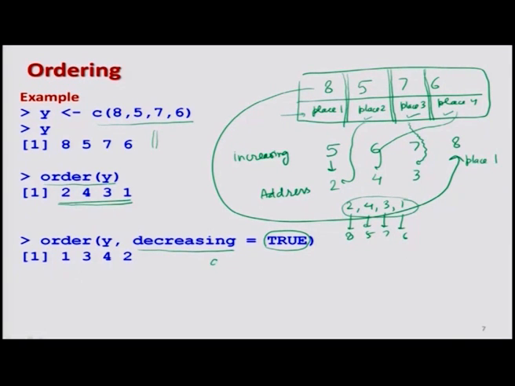These values 8, 5, 7 and 6, when arranged in decreasing order, come out as first the maximum value 8, then the second largest value 7, then the third largest value 6, and lastly the smallest value 5.